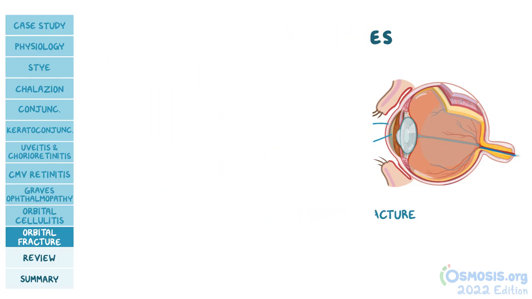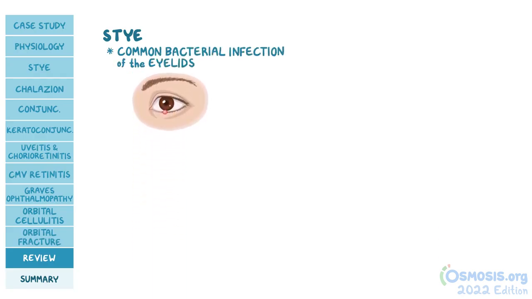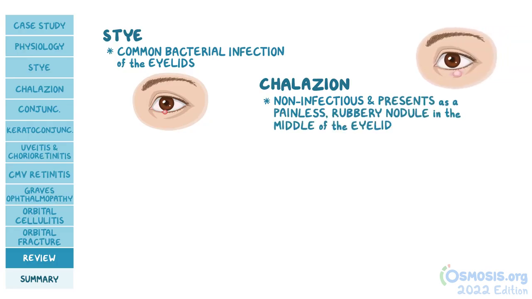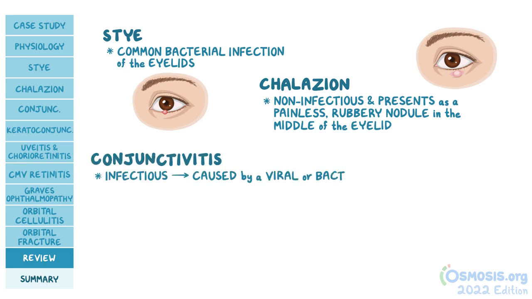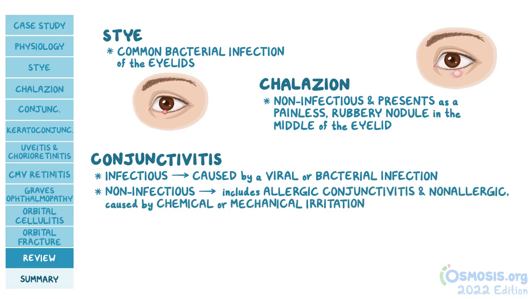Alright, as a quick recap, a stye is a common bacterial infection of the eyelids, presenting as a painful, red, pus-filled nodule at the lid margin or in the conjunctival side of the eyelid, while a chalazion is non-infectious and presents as a painless, rubbery nodule in the middle of the eyelid. Conjunctivitis is divided into infectious, which is caused by a viral or bacterial infection, and non-infectious, which includes allergic conjunctivitis and non-allergic, caused by chemical or mechanical irritation.